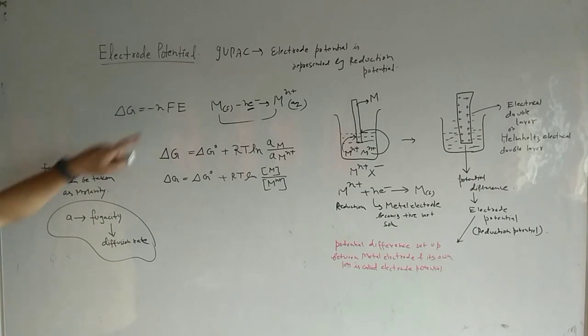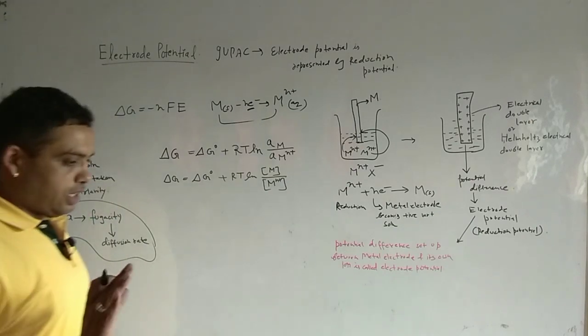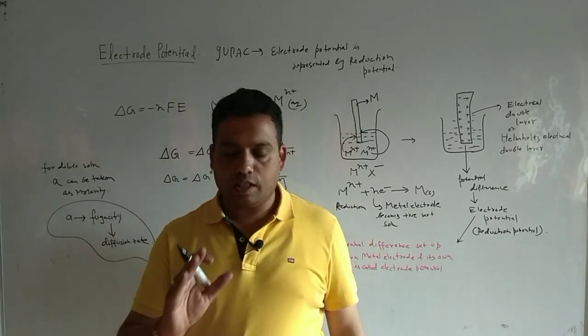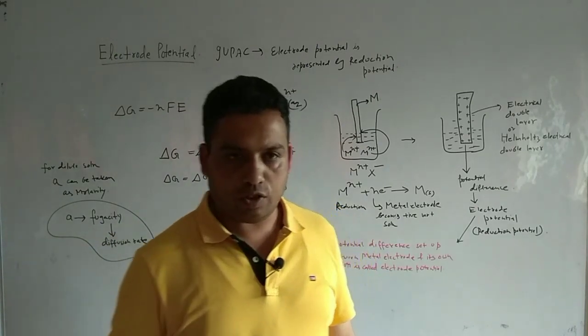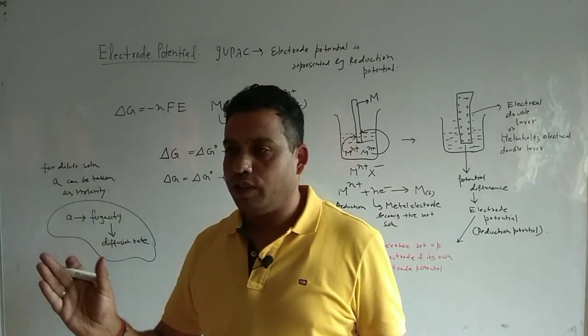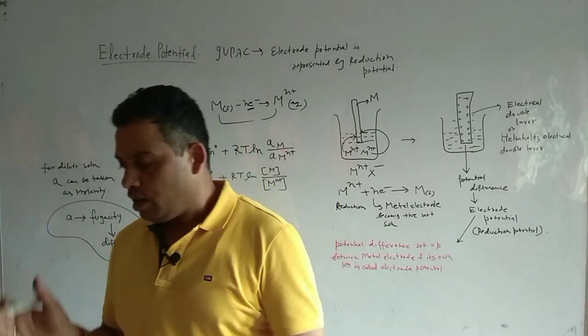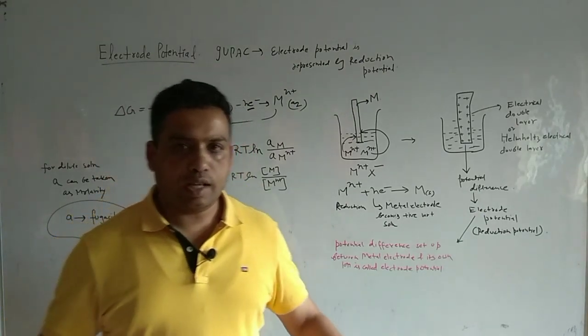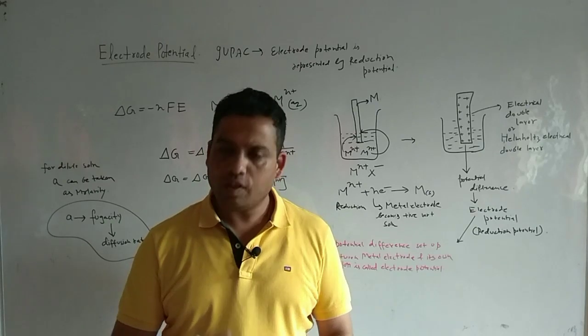And why negative nFE? You should know that the reactions occurring in electrochemical cells are spontaneous reactions. In the last class, I explained this with the help of the galvanic cell, that is the zinc and copper cell. They are reacting reversibly, right?